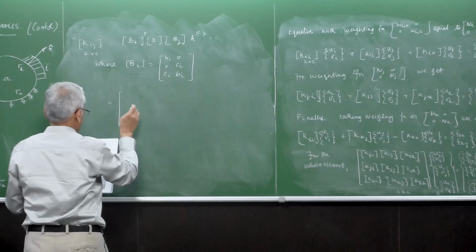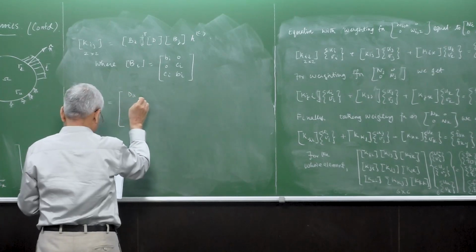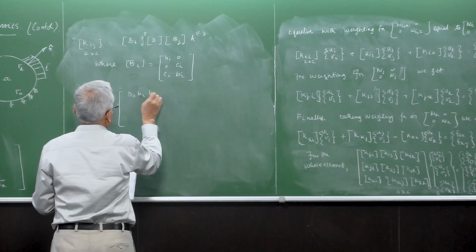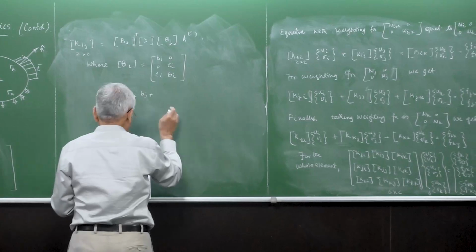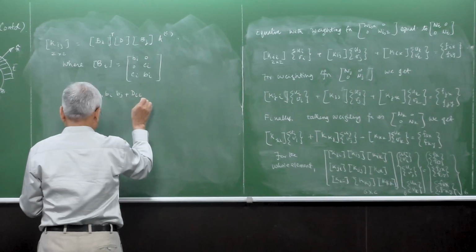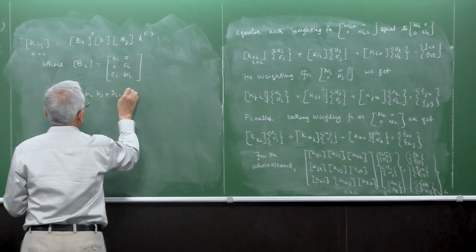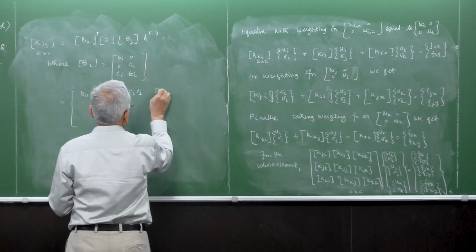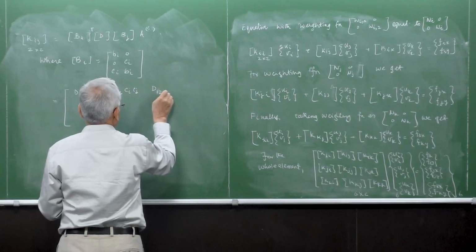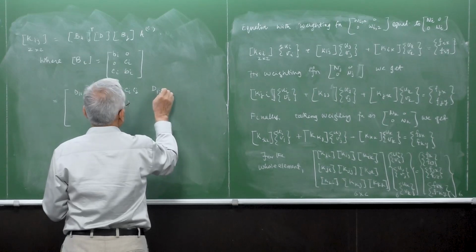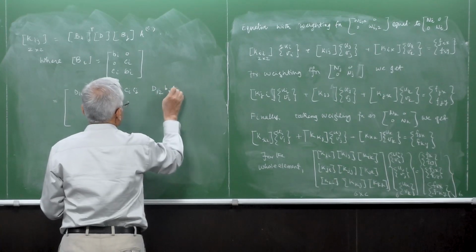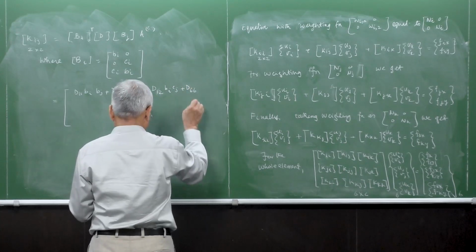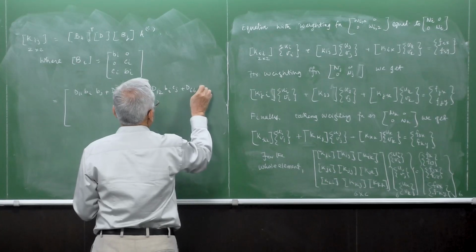So we'll write it as D11 Bi Bj plus D66 Ci Cj, D12 Bi Cj plus D66 Ci Bj.